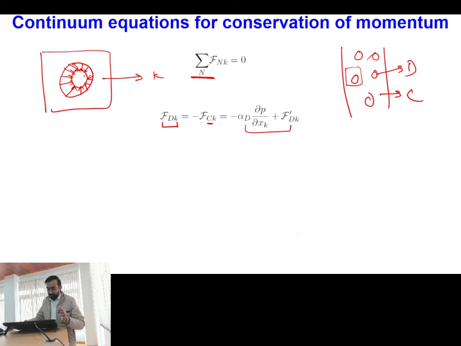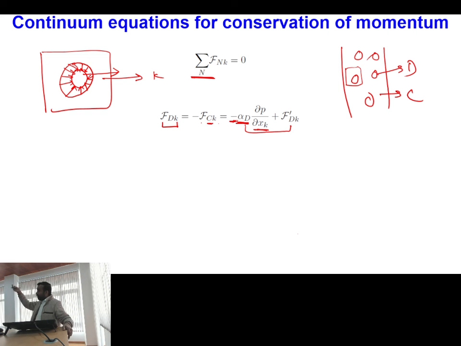This asymmetric pressure distribution will create a certain amount of force in the kth direction. The force created in the kth direction is del P by del X K multiplied with volume fraction alpha. Is this point clear? Whenever we calculate the pressure force, it typically comes with the minus sign.